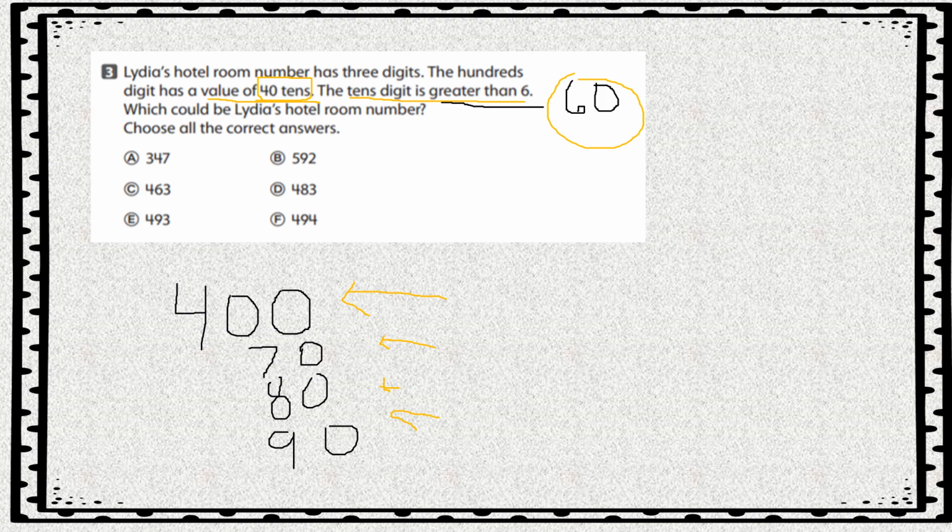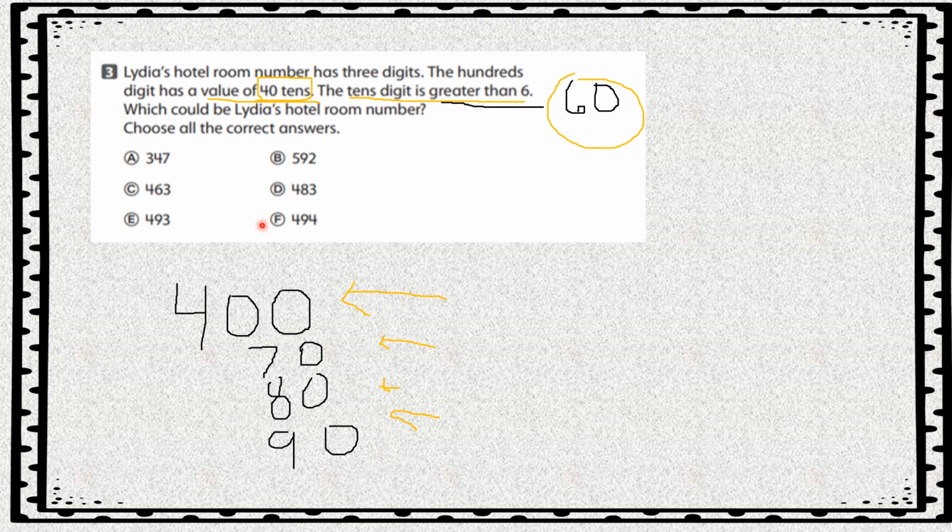All right? Think about that. 40 tens is 400. The tens digit is greater than 6, or 60, because it's saying that the tens digit is greater than 6. 6 tens is 60. So it cannot be 469 or below, because the tens digit cannot be a 6. It has to be a 7, 8, or a 9, a 70, 80, or 90.